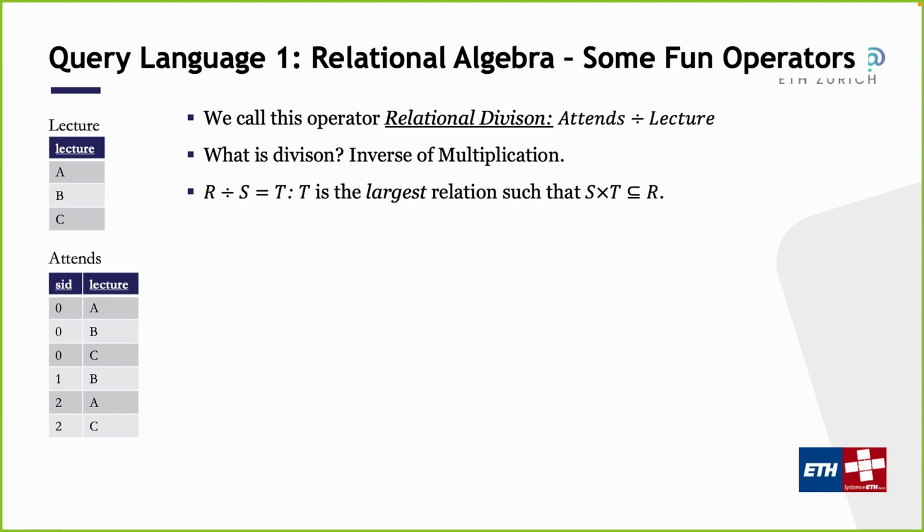The property that we want is that T is the largest relation such that if you compute the cross product between S and T, it is a subset of R. Okay? It's very different from computing the division between, for example, two real numbers, right?